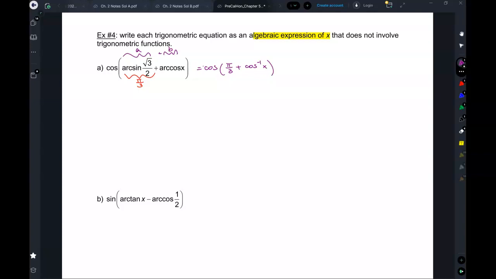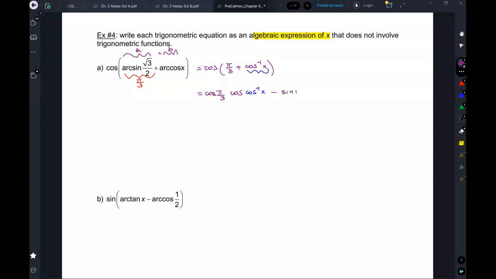Okay? So now we're going to expand this. Never say distribute. Expand. This is a cosine, so it's going to be cosine, cosine, sine, sine. So cosine of the first, cosine of the second. Cosine, cosine, plus or minus?